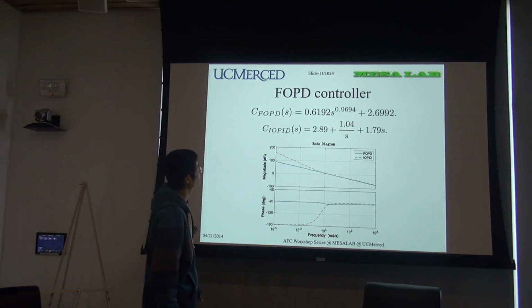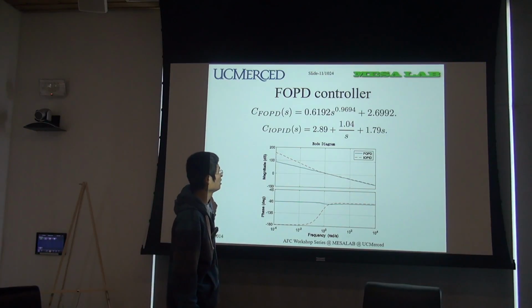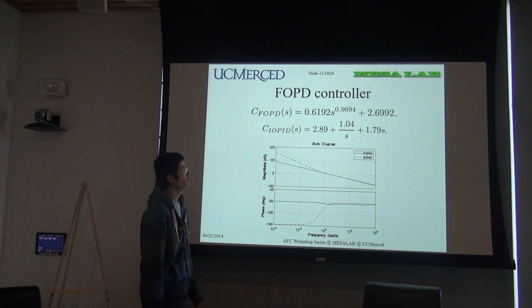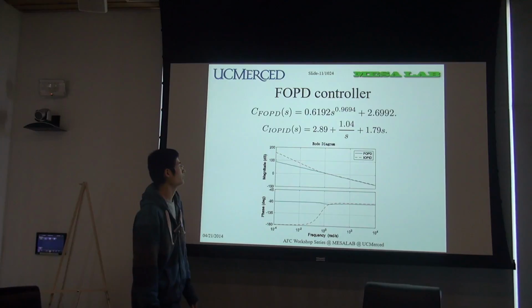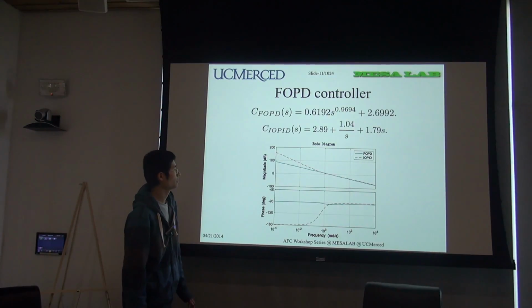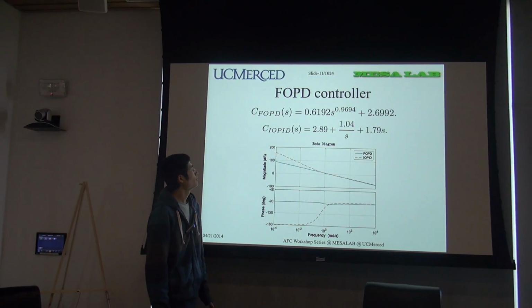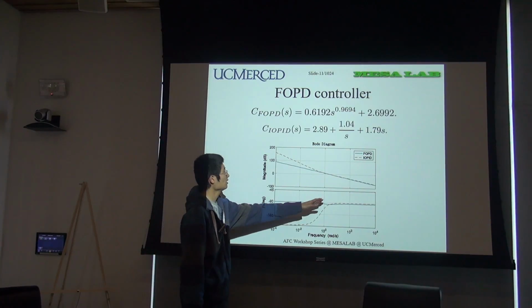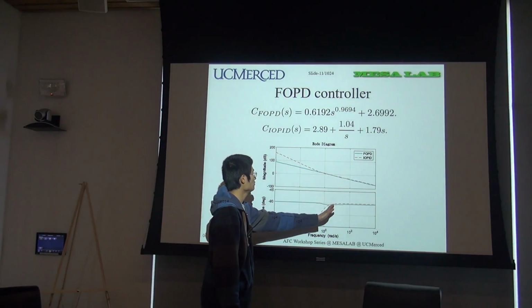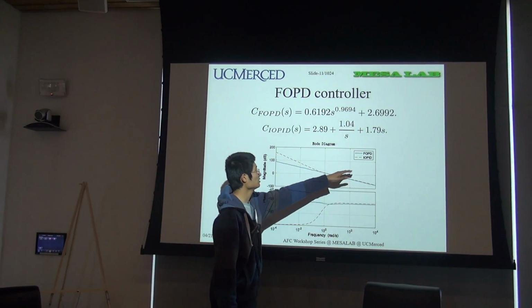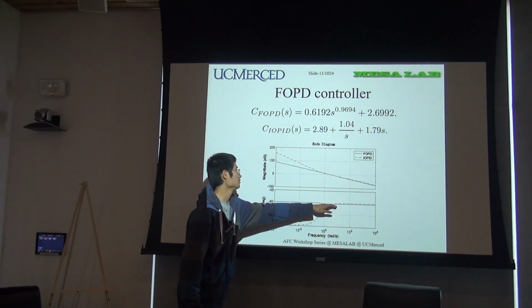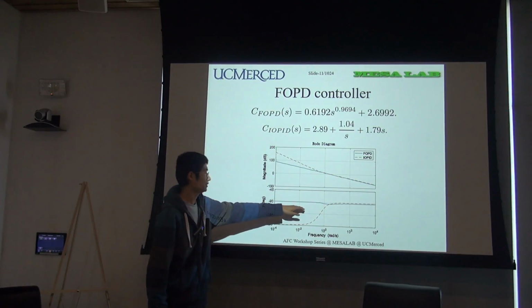You can see the Bode diagram. Here we have plotted both the fractional order PD and integral order PID controller transfer functions on the Bode diagram. You can see at the crossover frequency, the fractional order PID has a 0 derivative.